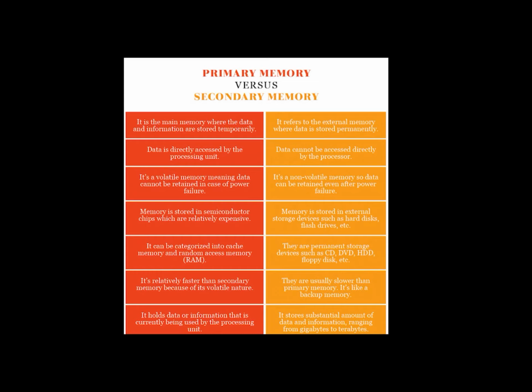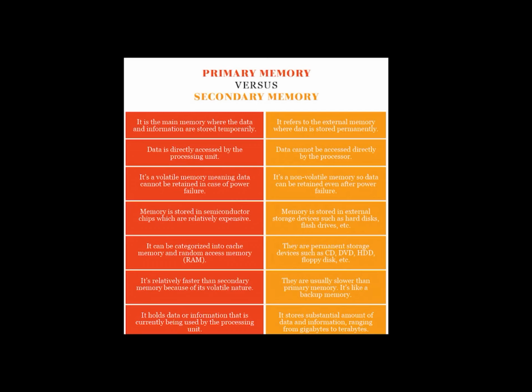Primary memory can be categorized into cache memory and random access memory, most commonly known as RAM. In the secondary memory, there are permanent storage devices such as CD, DVD, HDD, floppy disk, and much more. Primary memory is relatively faster than secondary memory because of its volatile nature.